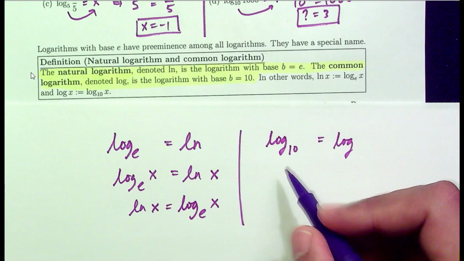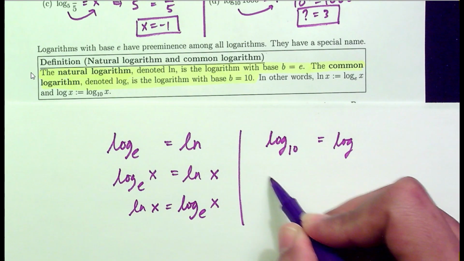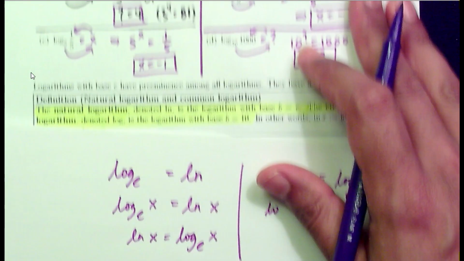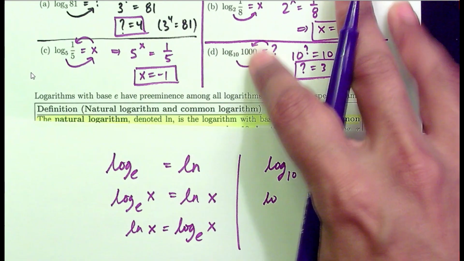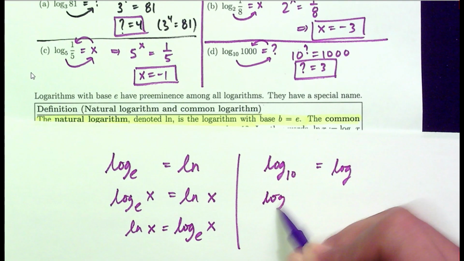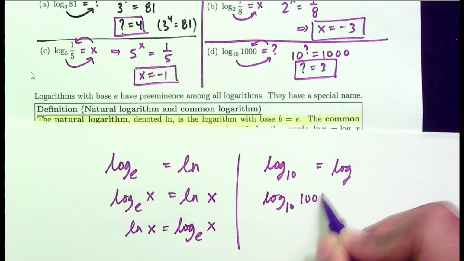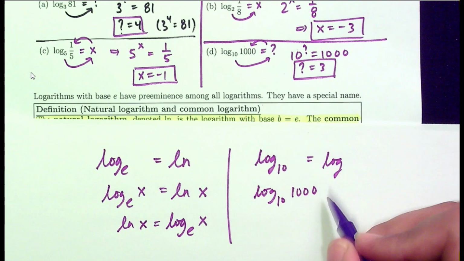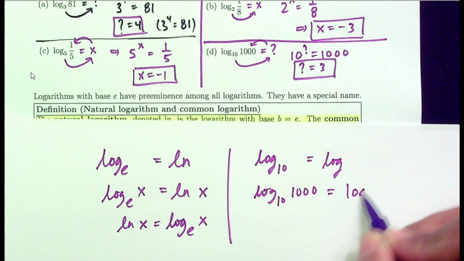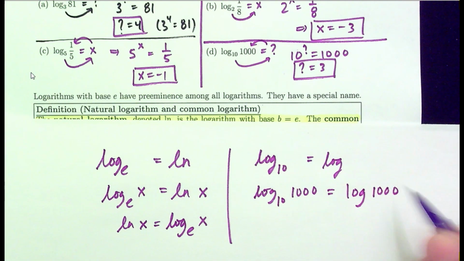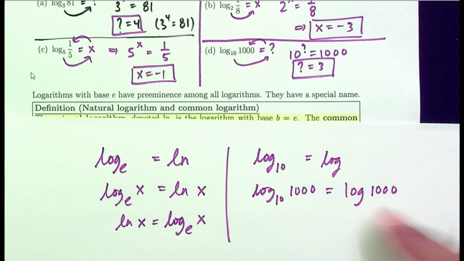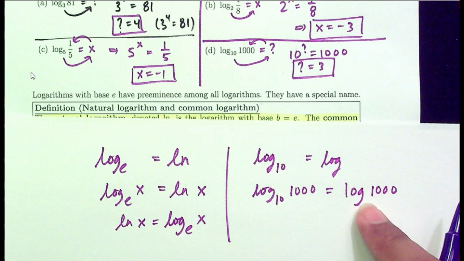So in this example that we did a little while ago, logarithm base 10 of 1,000, we could have written it like this, log of 1,000. When you write log of 1,000, that means the subscript is 10.